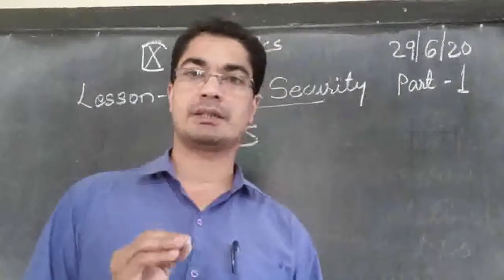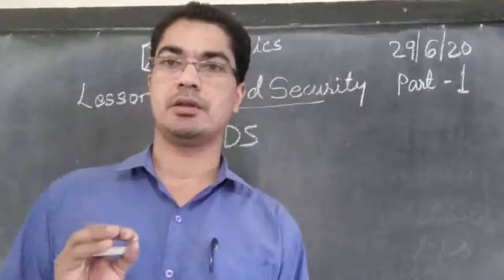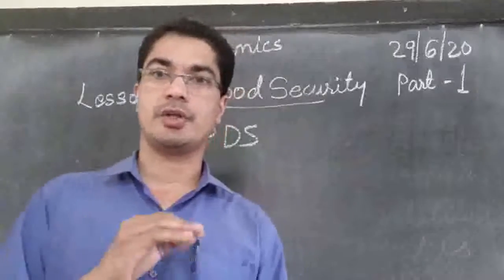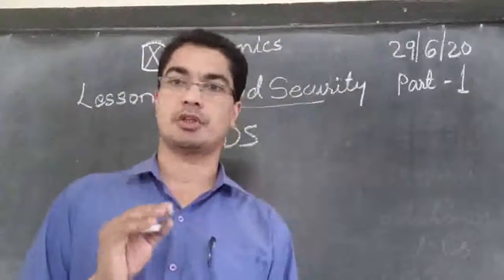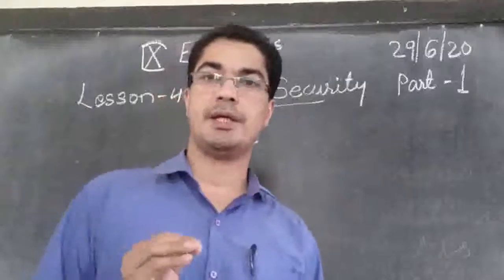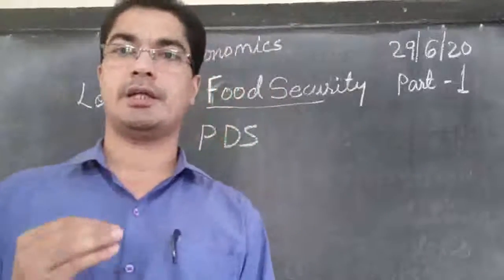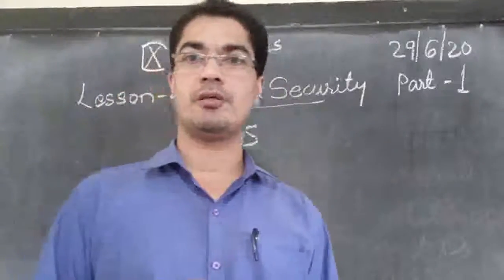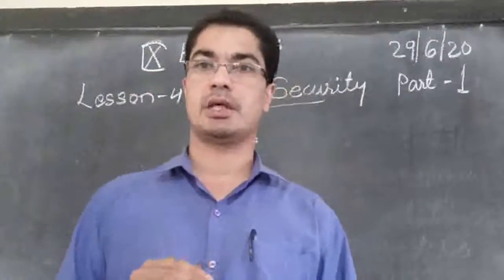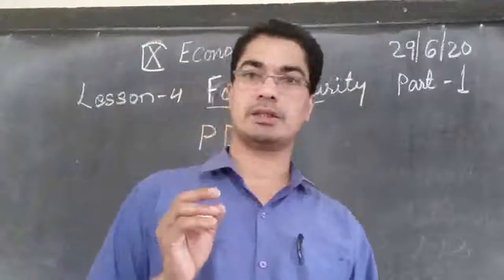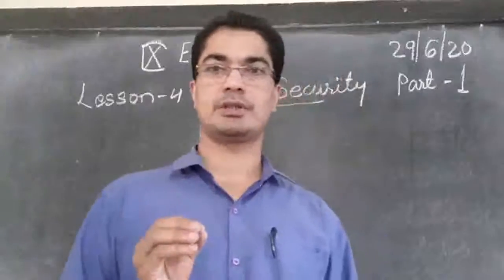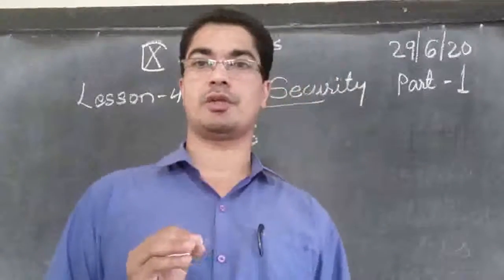Every person needs a certain amount of calories of energy from the food that he eats. So he should eat sufficient, safe food which will provide enough calories for his body. Then only can we say that person has food security. So these are the three duties or responsibilities of the government.